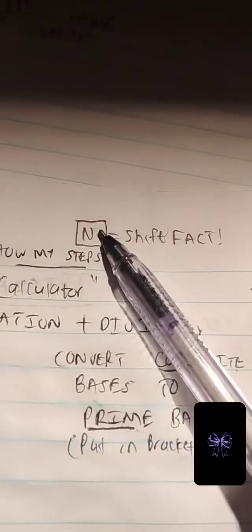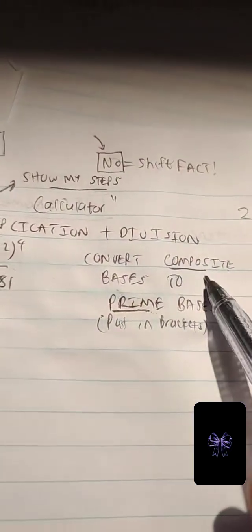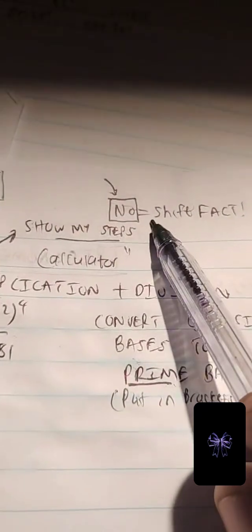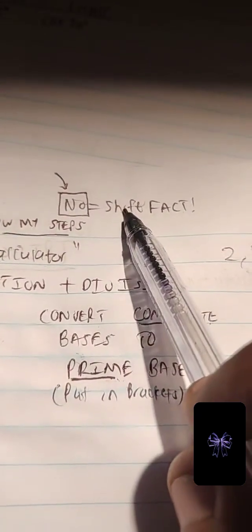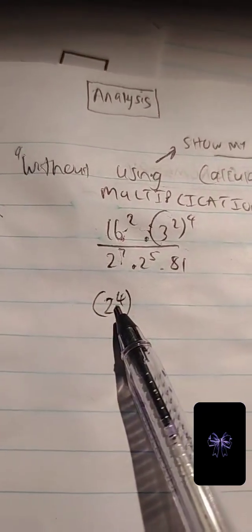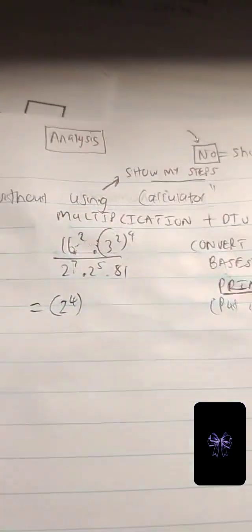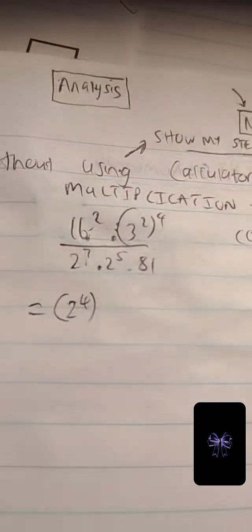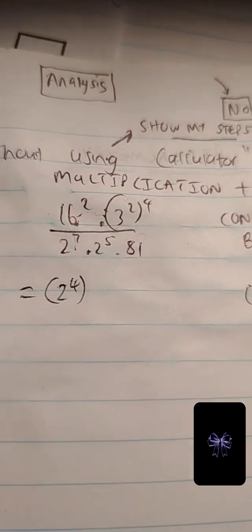As I said to you, there's a trick in your calculator to achieve your first step of converting composite to prime bases. You press your number 16, press equal, press shift, and press fact. And then your calculator will give you, voila, 2 to the power 4. Sometimes you just know it mentally, but if you don't, you can always use this trick.